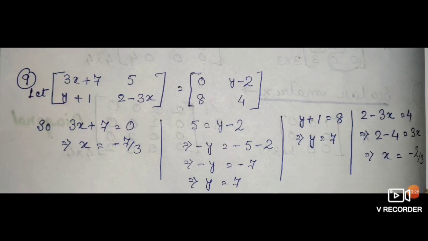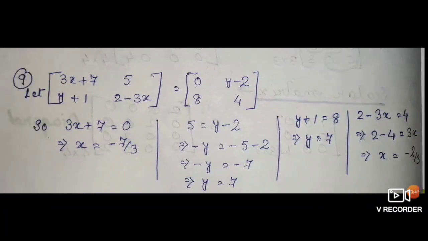From the next one y plus 1 is equal to 8, and from here we can get y is equal to 7. From the next one 2 minus 3x is equal to 4. From here we get x equal to minus 2 by 3.